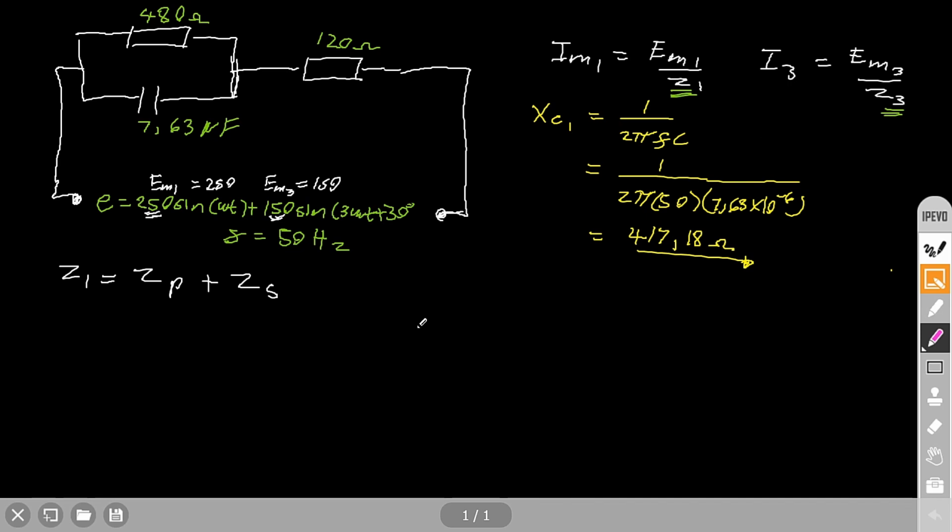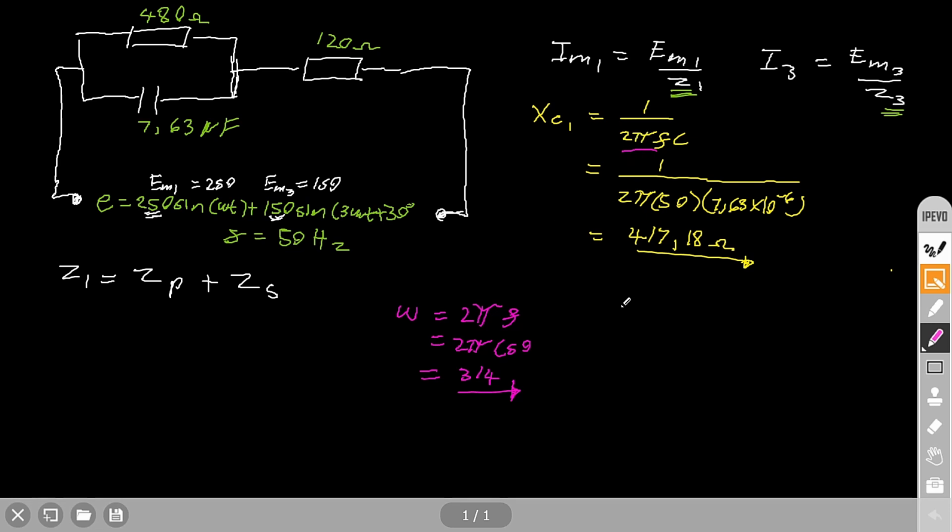So now, guys, remember that our omega is equal to 2 pi times frequency. If you say 2 pi times 50, you are going to get 314. So can you say this 2 pi f is the same as in here?